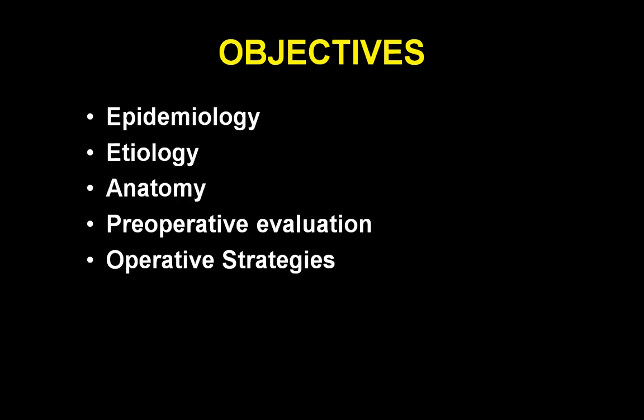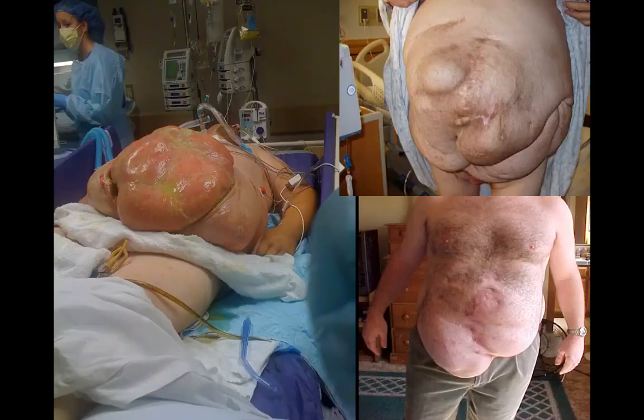Anatomy of the anterior abdominal wall is very important because the entire development of the hernia depends on the domain or the functional integrity of the anterior abdominal wall. A good pre-operative evaluation of the patient is needed, and we'll also discuss the operative strategies. There have been a lot of advances in the management of incisional hernias.